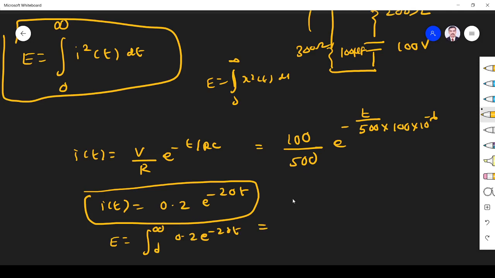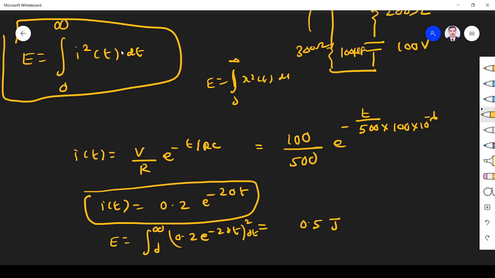If you simplify, square of 0.2 e power minus 20t, and after integration, we will get 0.5 joule. Fine. So the energy dissipated by the resistor is 0.5 joule.